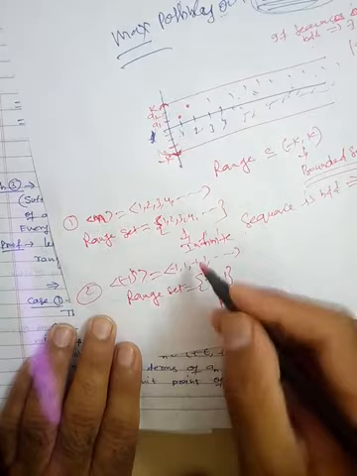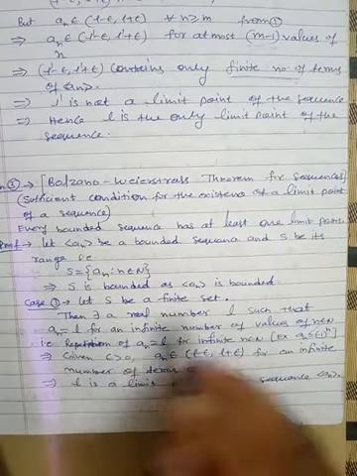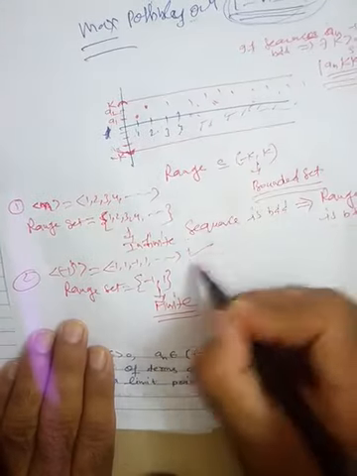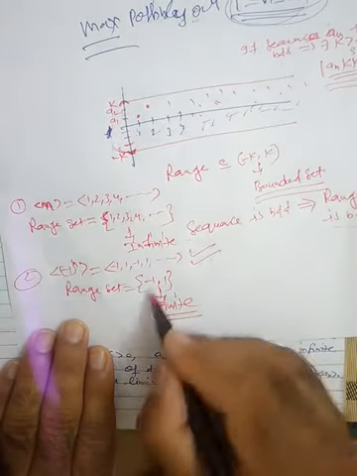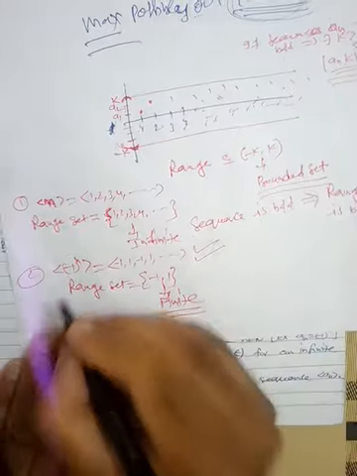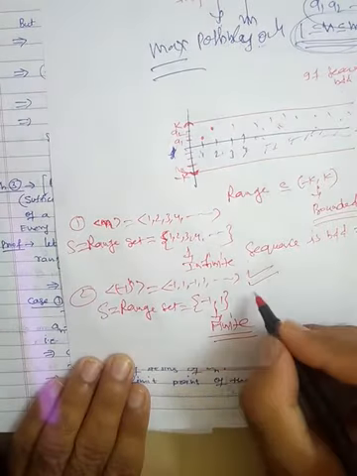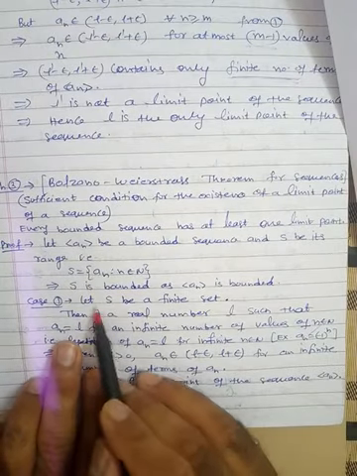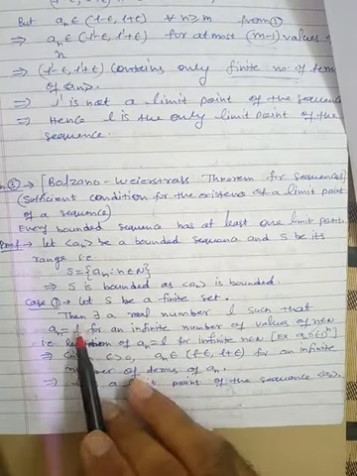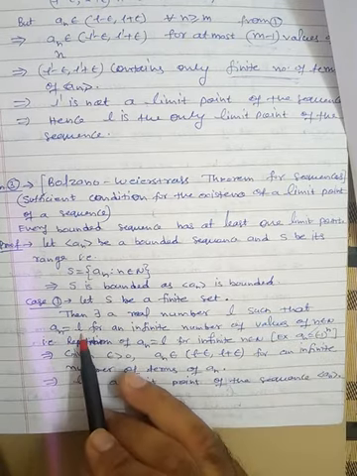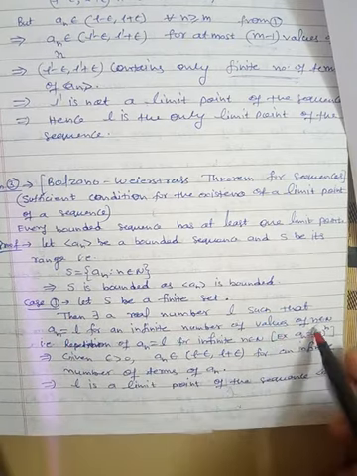So now we will take both these cases. First case, when S is finite, the range set S is finite; here S is infinite. So I am taking this case first. Then obviously, since S is finite, there exists a real number L such that a_n is equal to L for infinitely many values of n.